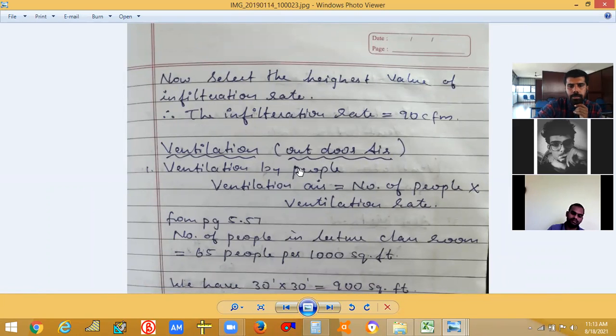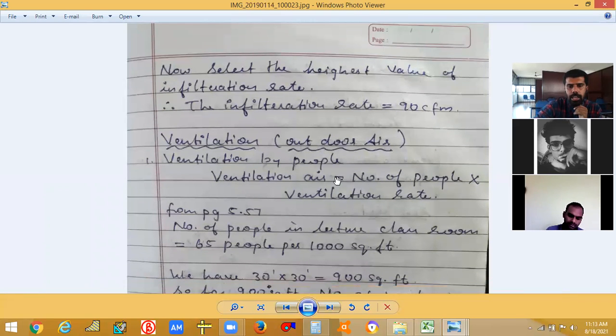Ventilation by people, the formula is ventilation air equal to number of people into ventilation rate. Yesterday, when we were looking at the general sheet, we saw the number of people in a tabular column. Different applications are there, and according to that, different numbers per 1000 square feet are given.